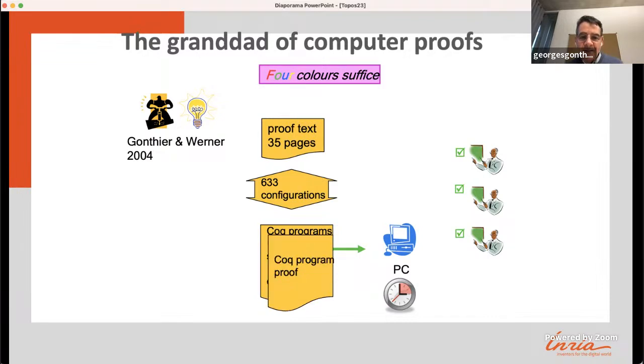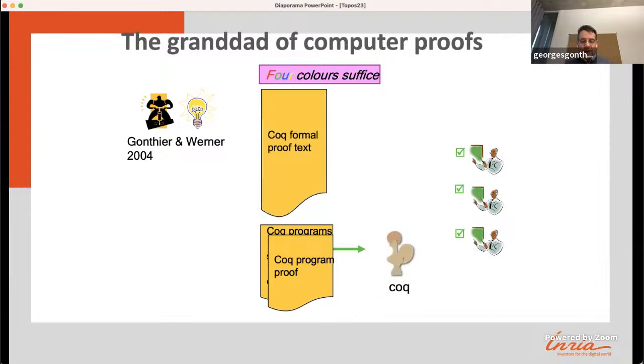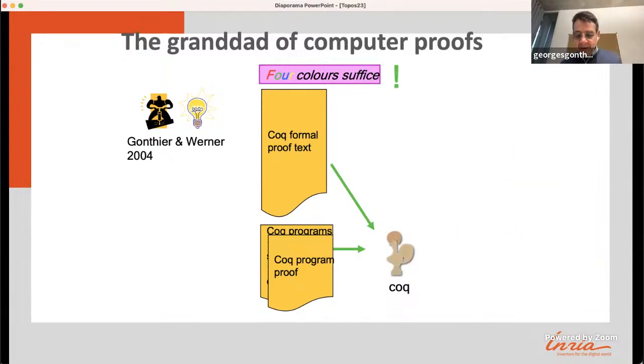And then using the same system to prove the programs correct, and still using the same system to prove the setup for the computation correct, so that all of the proof could be verified, and you didn't need peer review to know that the proof was correct. And it ran in an hour and a half some 20 years ago. Now it runs in 15 minutes, of course.